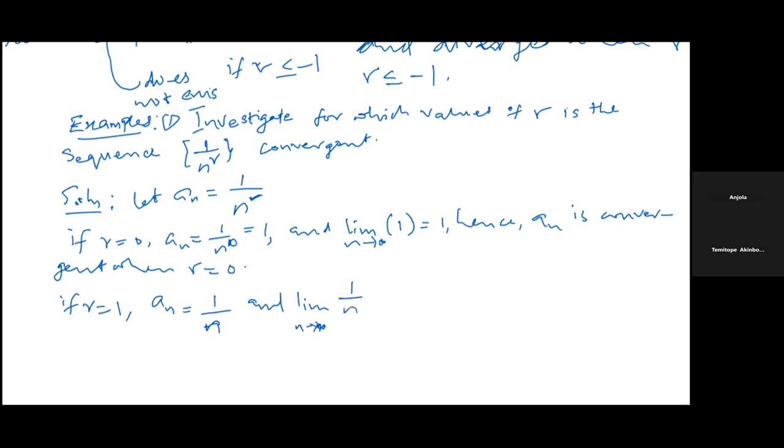That would be 1 over infinity. So what is 1 over infinity? It is 0. Very good. So since the limit is 0, we can conclude and say, hence, an is convergent.